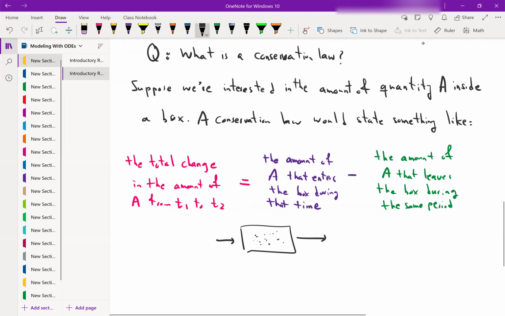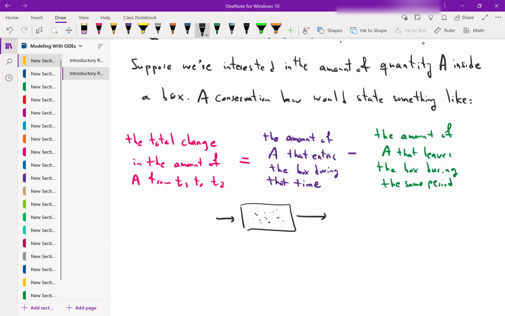Another way of saying the same thing, in a sense, is as follows.